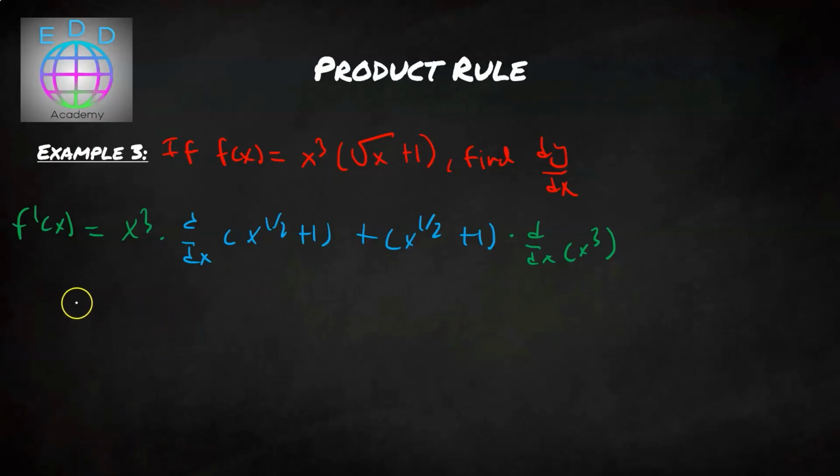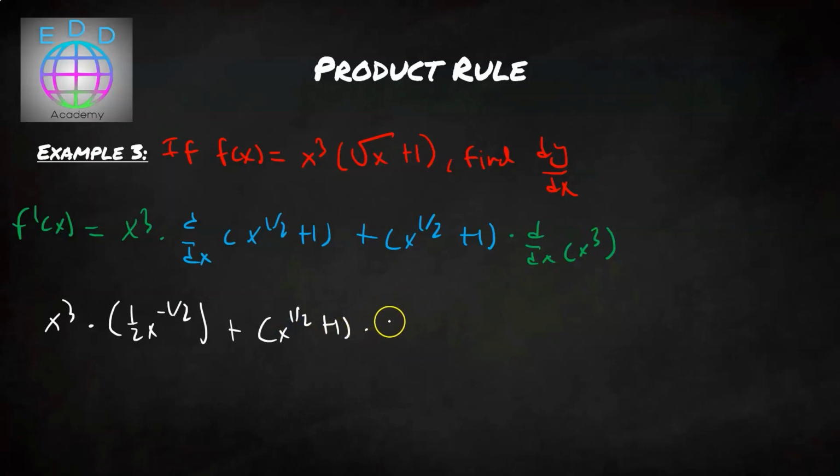If we compute this, we have x cubed times the derivative of x to the 1/2 plus 1. That's just 1/2 x to the negative 1/2 using the power rule, and then plus x to the 1/2 plus 1 times the derivative of x cubed, and the derivative of x cubed is 3x squared.